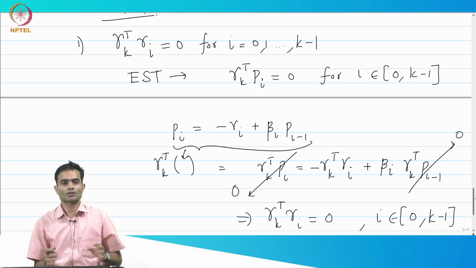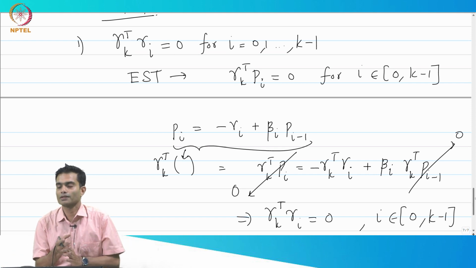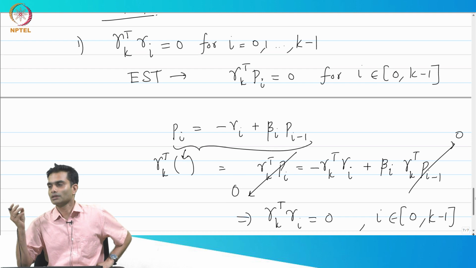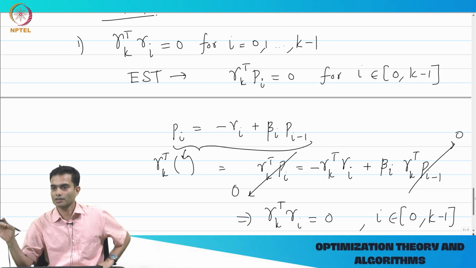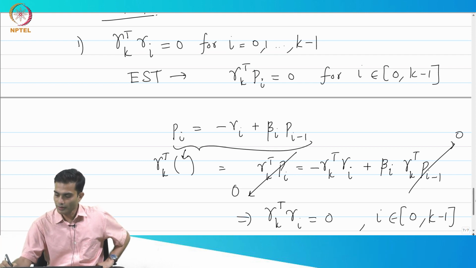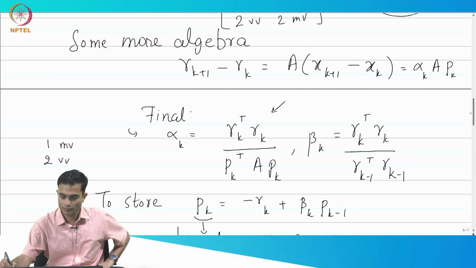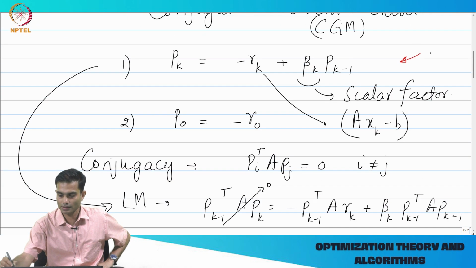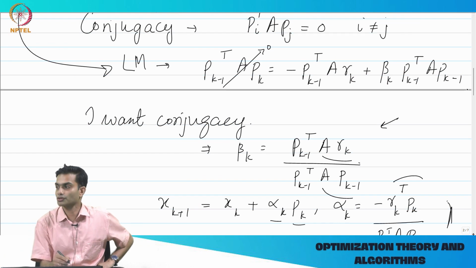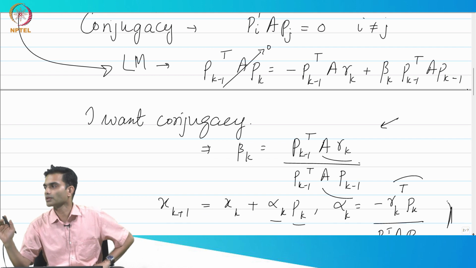So there are lots of these very small results you will find in the case of the conjugate gradient method. The ingredients are very few. It's like a khichdi with very few ingredients. What are the ingredients? There's an expression for beta. How did we derive that expression for beta? Just by taking the initial definition of p_k and demanding conjugacy. I want conjugacy, and this gives me an expression for beta.